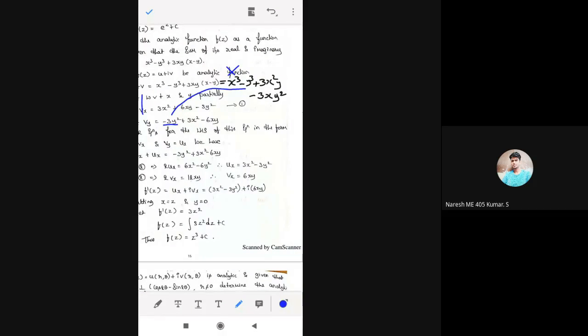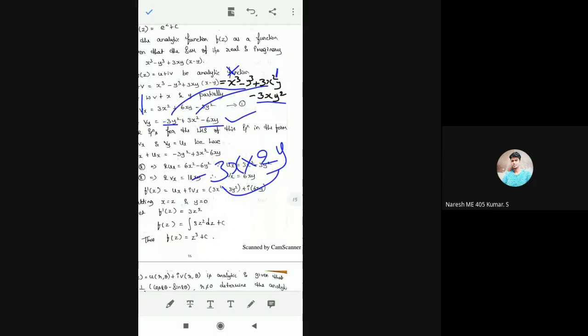Then 3x square into 1, correct, differentiation of y is 1 with respect to y. Next minus 3 into x into differentiation of y square is 2y, so 3 2s are 6, so minus 6xy we got. Okay, this is about uy plus vy and ux plus vx.